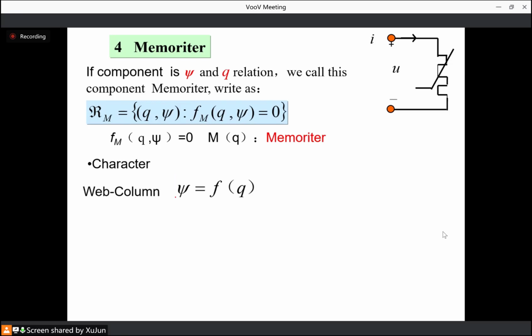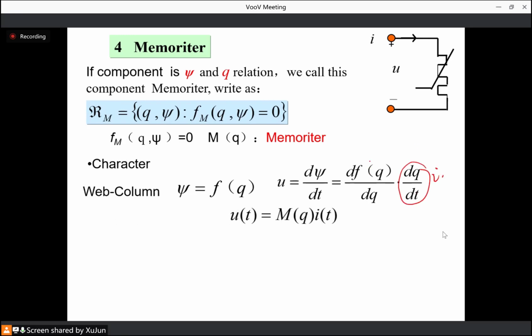The character of the memristor: assume it is Q control, charge control, psi equals f(Q). If we differentiate with respect to time t on both sides, d/dt, then d psi/dt equals the voltage. df(q)/dt equals df(q)/dq multiplied by dq/dt, and dq/dt is the current.